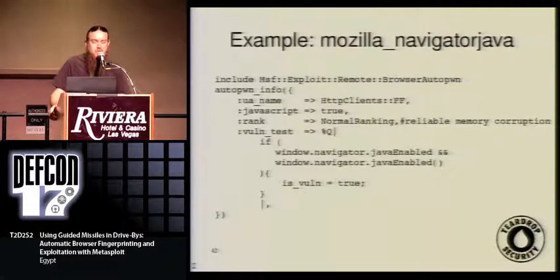So here's an example with Mozilla Navigator Java. You have to have Java installed, which we can determine based on the existence of Java enabled, and you have to have Java enabled. So we check to make sure that it is, and if that is true, then we're good to go and go ahead and try this exploit. Note also that we've got a rank here.